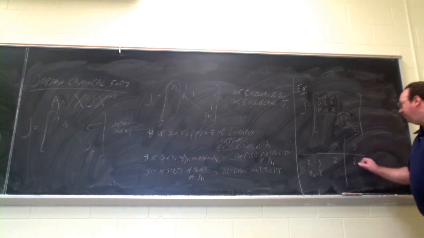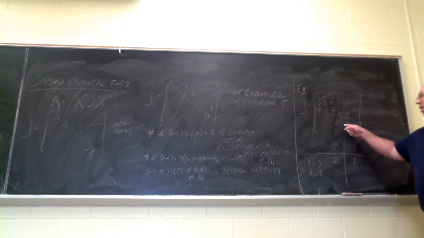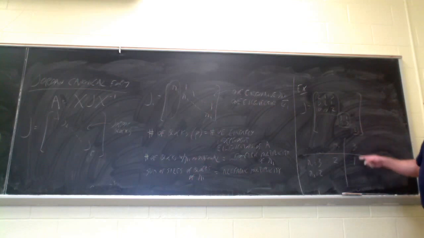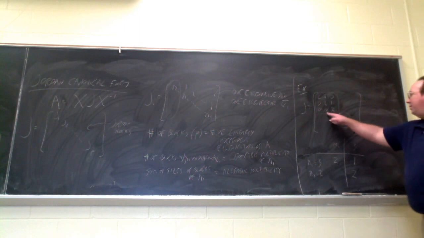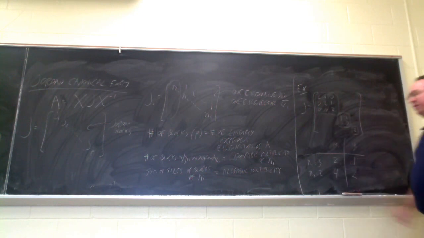Yeah, 1, because there's one Jordan block, so the number of blocks gives you the geometric multiplicity. The size of the block, because there's only one in this case, 2 by 2, the 2 gives you the algebraic multiplicity. What about the eigenvalue 2? What is the geometric? It's 2, because there are 2 Jordan blocks that go with it. And what's the algebraic? 4, yeah, because you sum up the sizes of those 2 blocks.